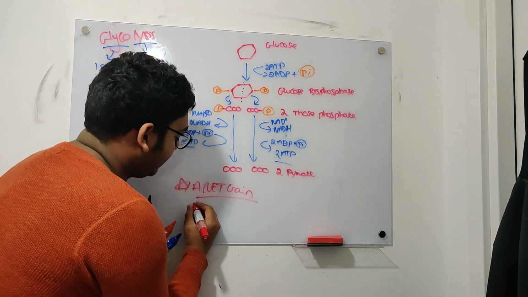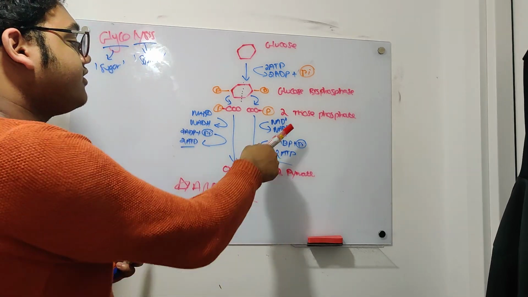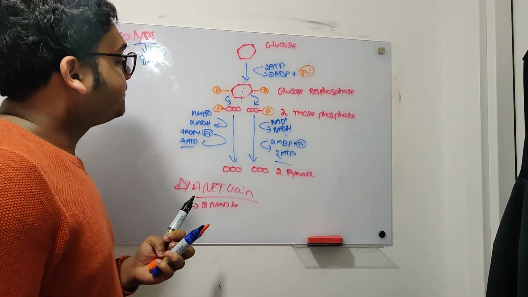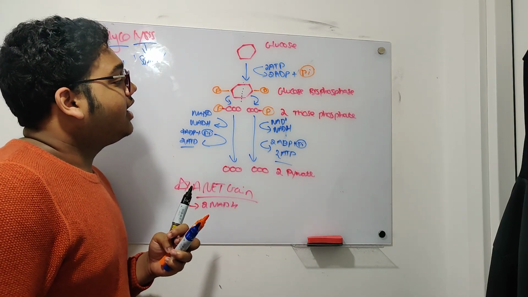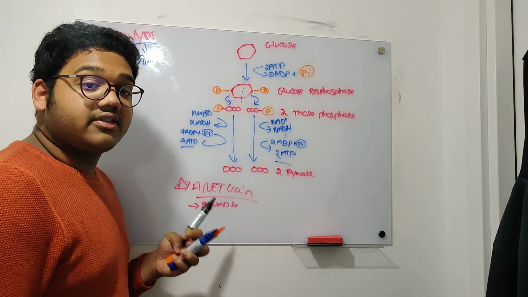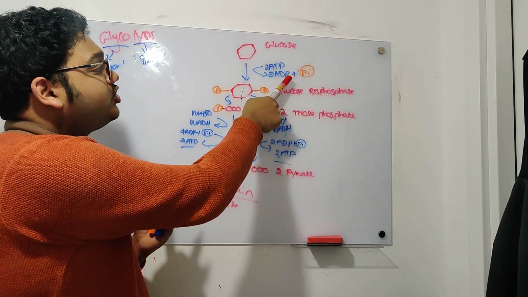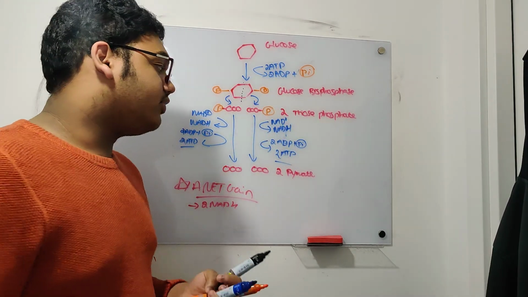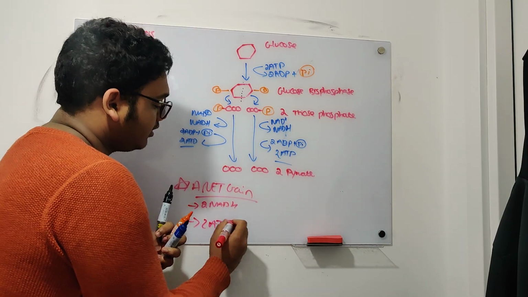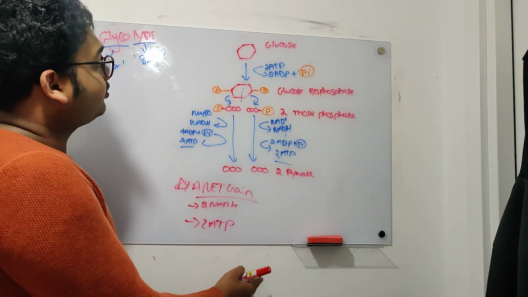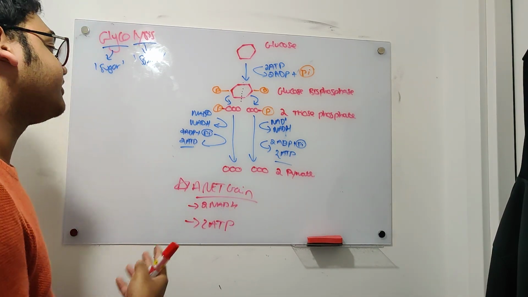So we have a net gain of 2 NADH in total from the 2 triose phosphates. But we also have 4 ATP forming as a result of the 2 pyruvates forming. Now we have 4 ATPs forming, but we're using up 2 ATPs over here. Therefore, we have a net gain of 2 ATPs as well. So this is what the net gain effectively refers to when we're talking about glycolysis.